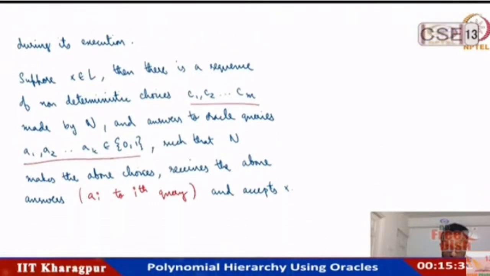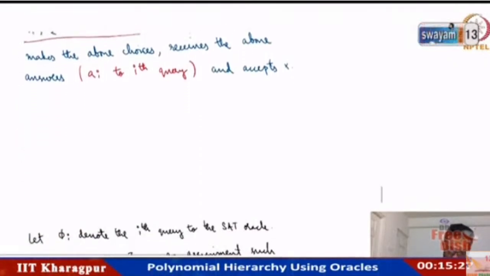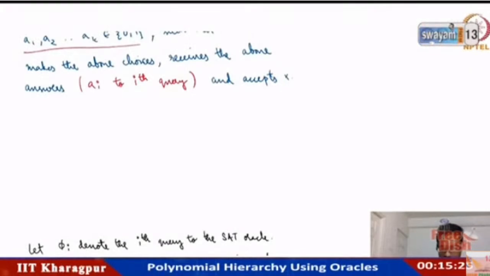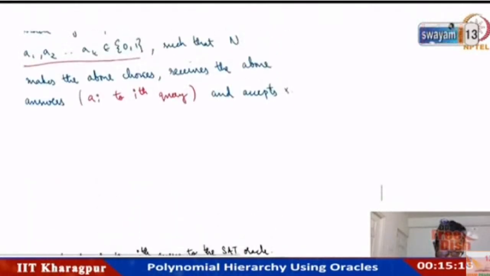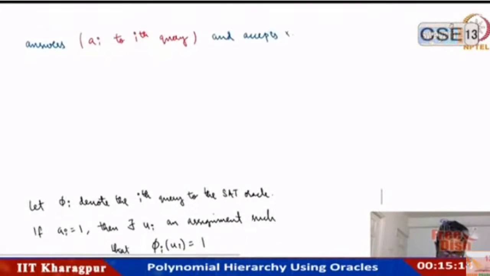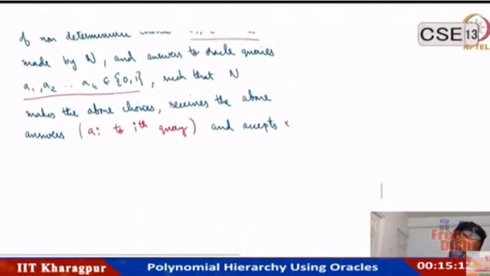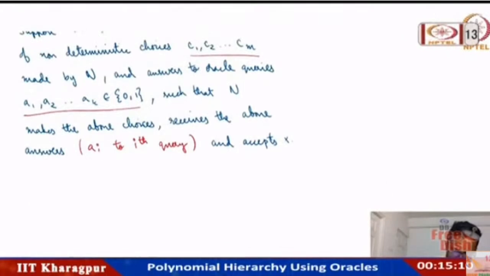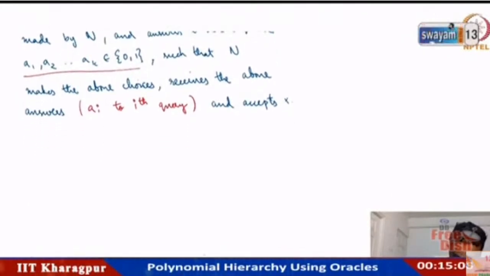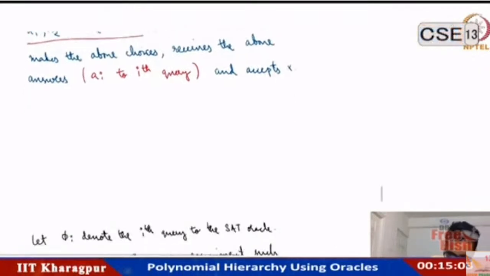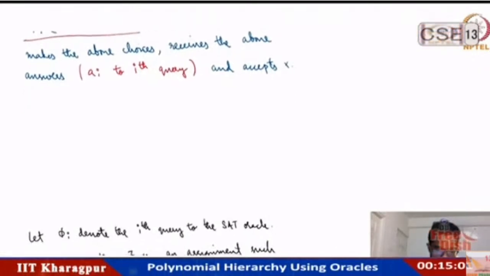For each of the queries, it receives Ai as a response. I'm just trying to represent what it does in a pictorial fashion.